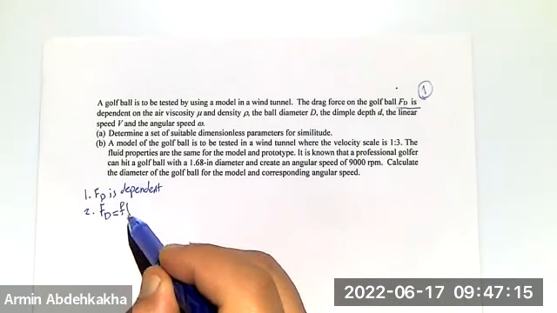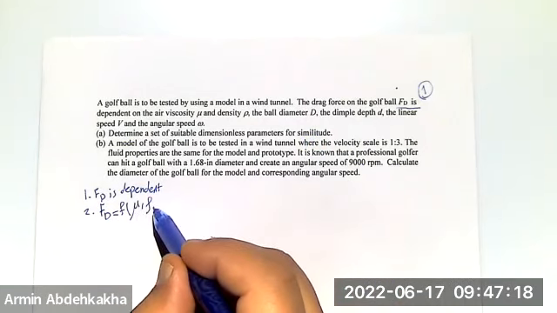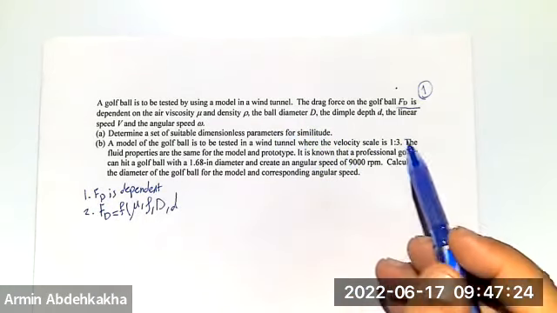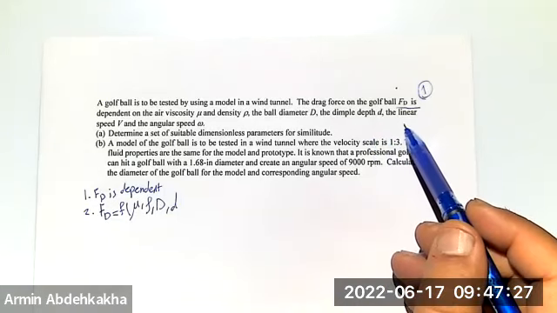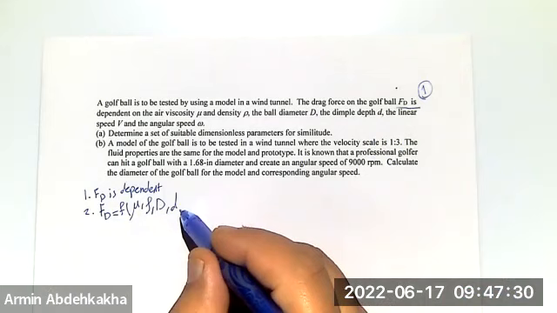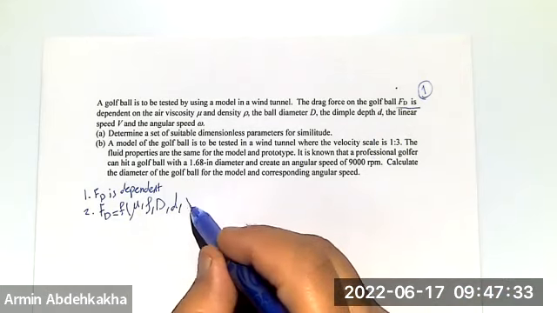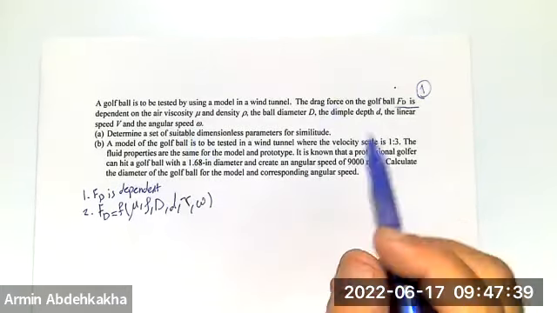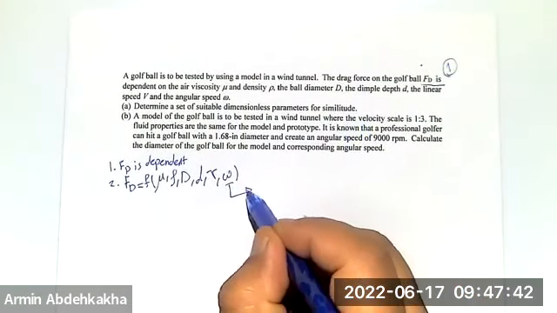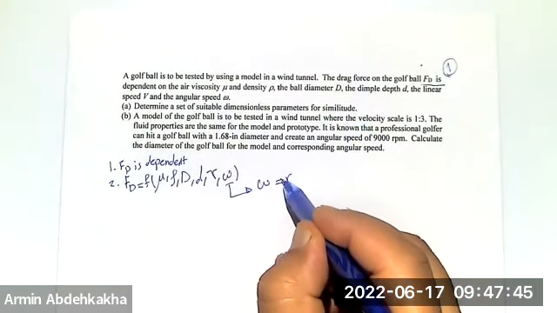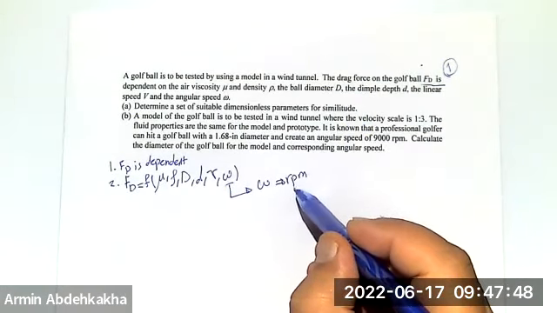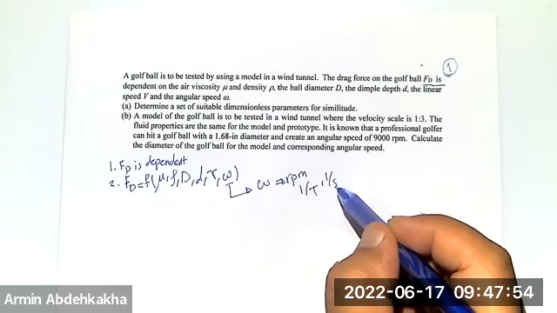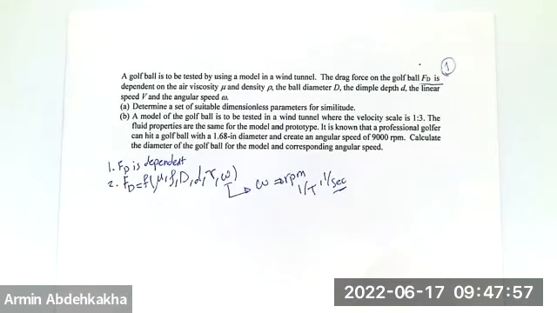So the list of variables: FD should be a function of mu, rho, D, the ball diameter, and lowercase d, the dimple depth on the golf ball, V the velocity, and omega, which is the angular speed. If you don't know, the unit for omega is RPM, revolutions per minute, or 1/T, or 1/second.